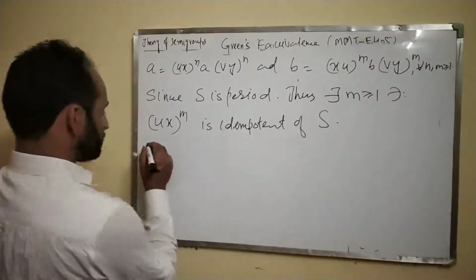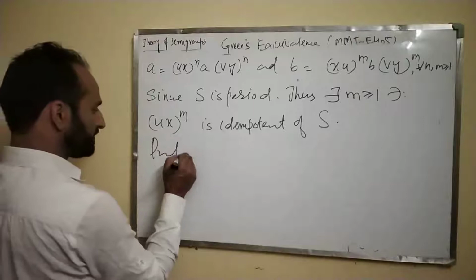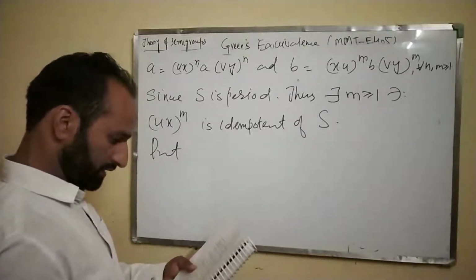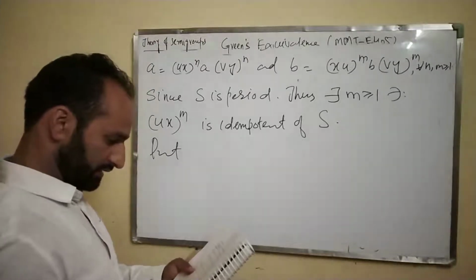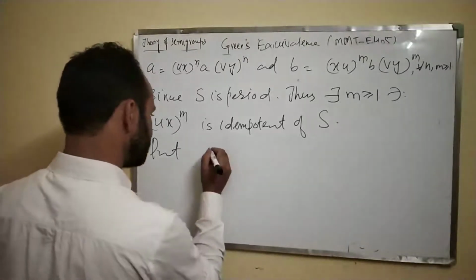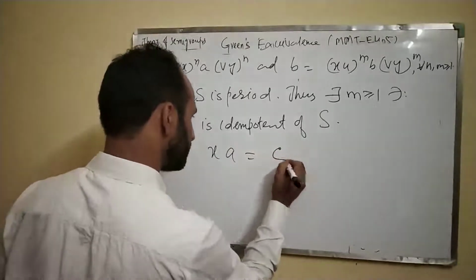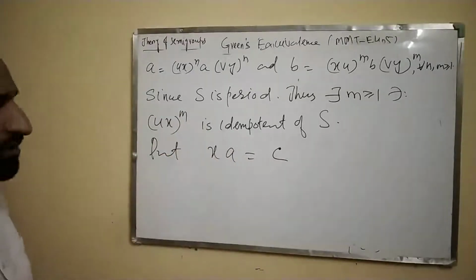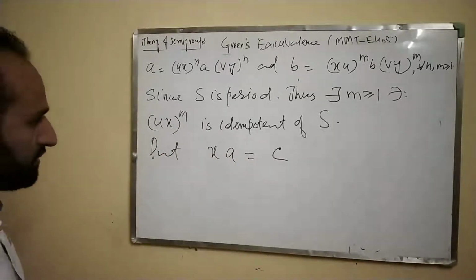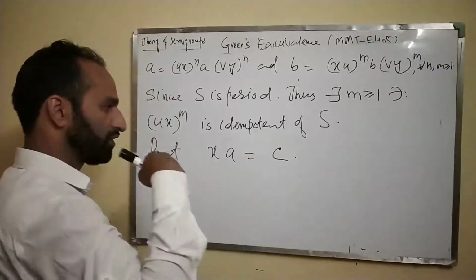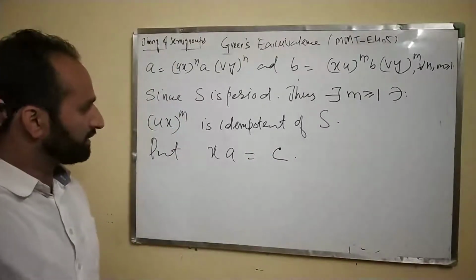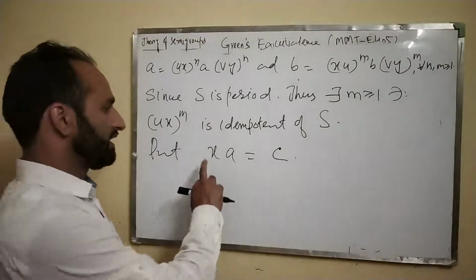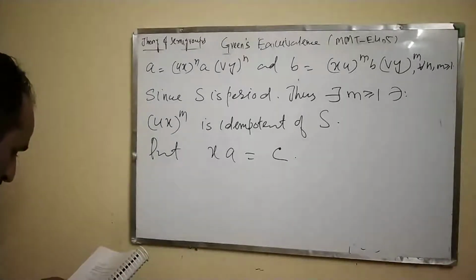Now let's choose C equal to XA, or you can say XA equal to C, and we will see that some element times C is equal to A, so that will give A is related to C. So by putting this, I want to find some other element, say S, so that S times C is equal to A. Let's try to find that element here.